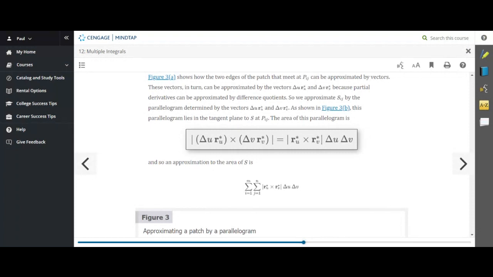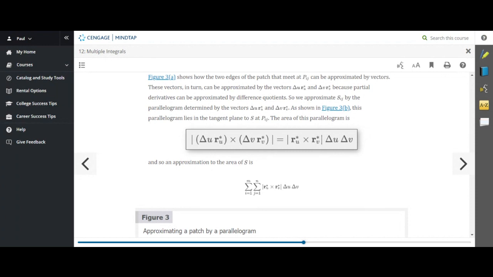But delta U and delta V are scalars, right? So by the rules for cross products, delta U and delta V can be brought outside the cross product, and then they can be brought outside the absolute value.